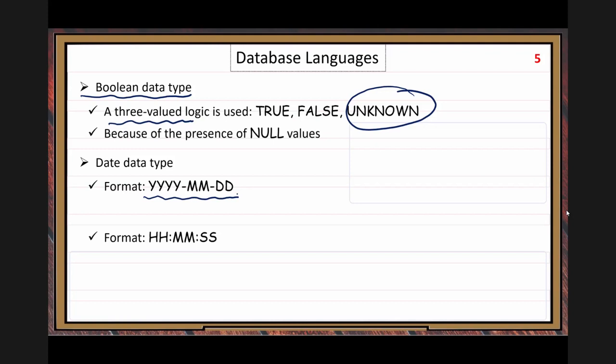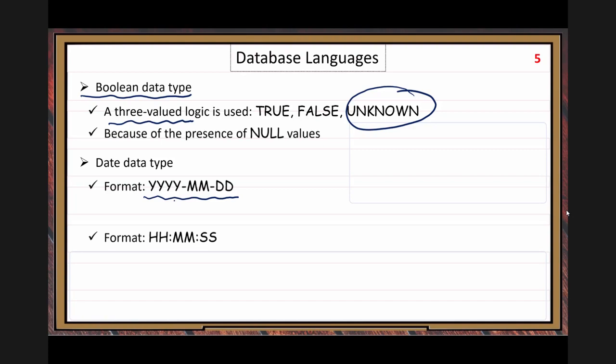For date representation, different countries use different date formats. But when you use SQL, all the people in all the countries have to use first the 4-digit year number, then a dash, not any other symbol, only dash, then the 2-digit month.